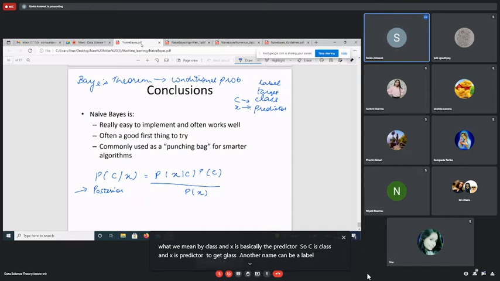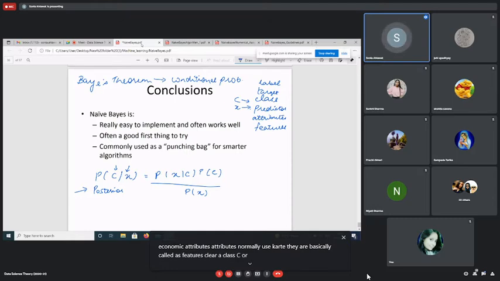Fine. So now P(C|X) is nothing but the posterior probability of class, that is target, given that the predictor is given. And predictor को एक और नाम दे देते हैं, attributes, या फिर कह देते हैं जो हम नॉर्मली यूज करते हैं, they are basically called features. Clear है क्लास?